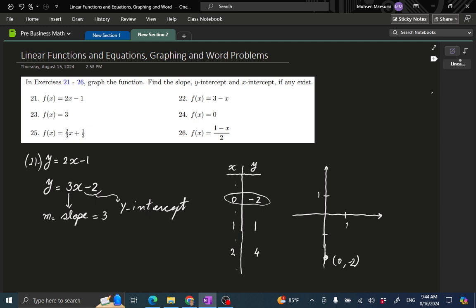1 and 1, so x is 1 and y is 1, so 1 and 1 is easy. 2 and 4, so I'll go 2 units and then 1, 2, 3 and then 4, so I have the point 2 and 4 here as well. That is my other point. Well, we are taking a leap of faith by just connecting these points. Why leap of faith?